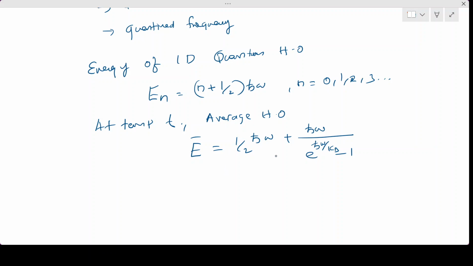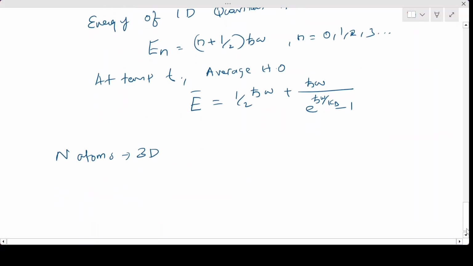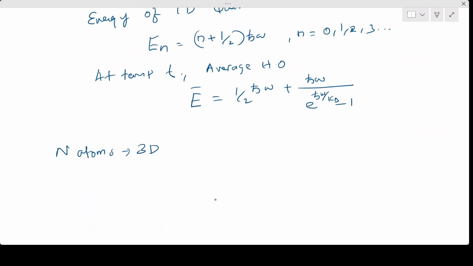This half h cross omega is not thermal energy; it represents the zero point energy of a harmonic oscillator. For a one dimensional harmonic oscillator this is the case, but if we have N atoms vibrating like quantum harmonic oscillators in three dimensions, the total number of modes will be 3N.